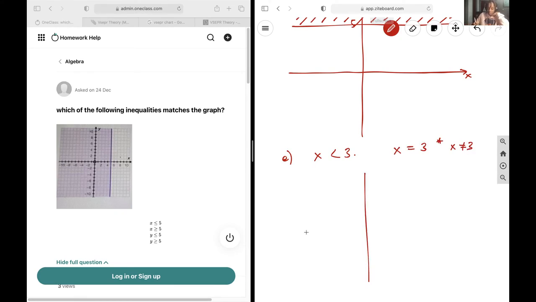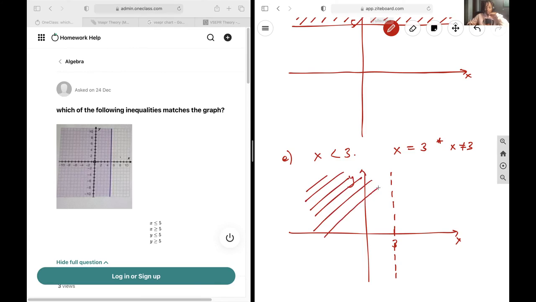What that means is that when you draw it, find 3, draw the line, and then this time, because y is not equal to 3, you can have a broken line, which signifies that we are including all points not including the line. Since y is less than 3, you want 2, 1, all the way until negative infinity. So it would look like that. And the broken line just means not including the line 3 itself.